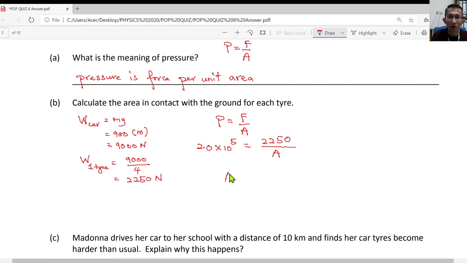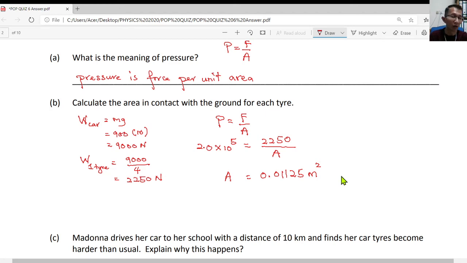Solve for A, you should be able to get 0.01125, and the unit here is meter square. Don't trust my calculation. You need to verify my calculation. Make sure that it is 0.01125 square meter.